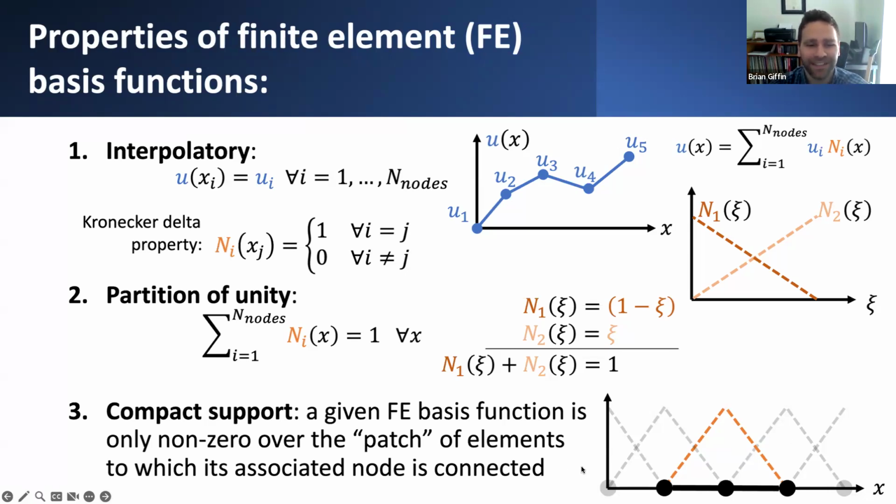We'll see that this property results in a form for the stiffness matrix that has a nice sparse and banded structure. That makes it a lot easier to set up and solve systems of equations, which don't result in a dense stiffness matrix. If you have a lot of zeros, in other words a sparse stiffness matrix, that requires less computational effort to invert and solve. So there are a lot of nice properties of finite element basis functions that derive from choosing this particular interpolatory form.